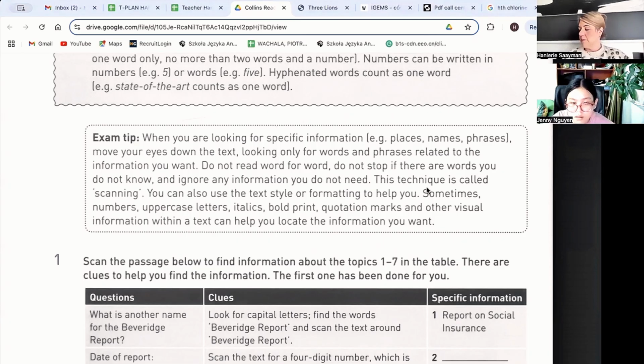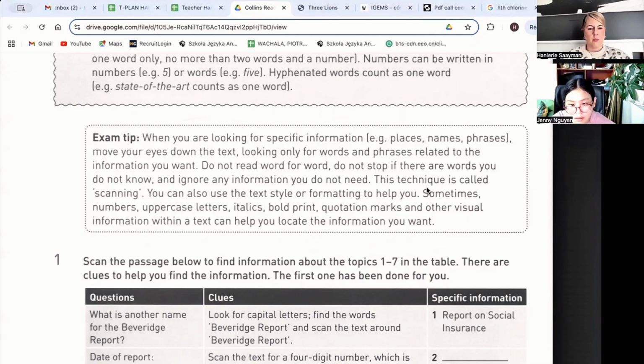When you are looking for specific information, like dates, names, or phrases, move your eyes down the text, looking only for words and phrases related to the information you want. Do not read word for word. Do not stop if there are words you do not know, and ignore any information you do not need.